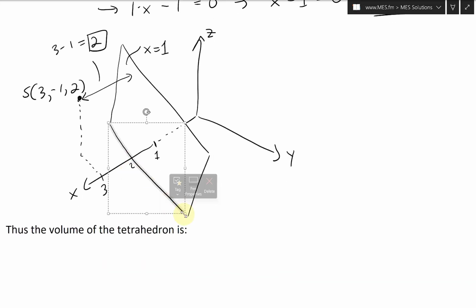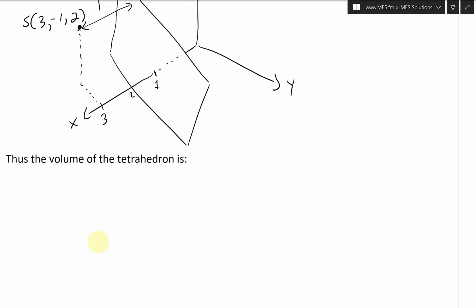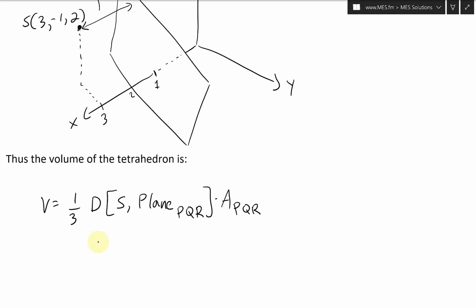And now the next step is, let's just put it all together. So thus the volume of the tetrahedron is, and write this out, V equals 1/3 times d, the distance from the point S to the plane PQR, times the area of PQR.